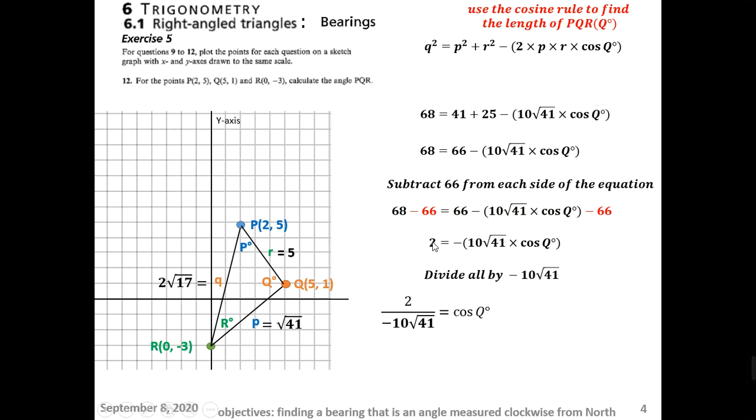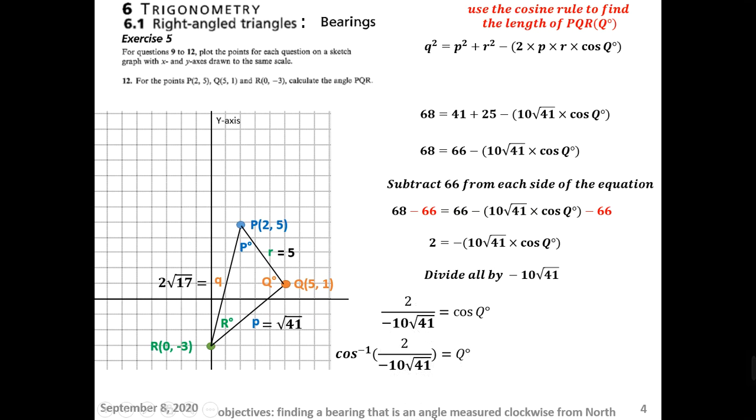And so it's going to be 2 over, because over means divided by, negative 10 square root of 41, is equal to cosine Q. This is the value of cosine Q, but what we are trying to find is the value of angle Q. So we're going to apply again opposite operations. We're going to apply cosine inverse on each side. So cosine inverse of 2 over negative 10 square root of 41 is equal to Q.